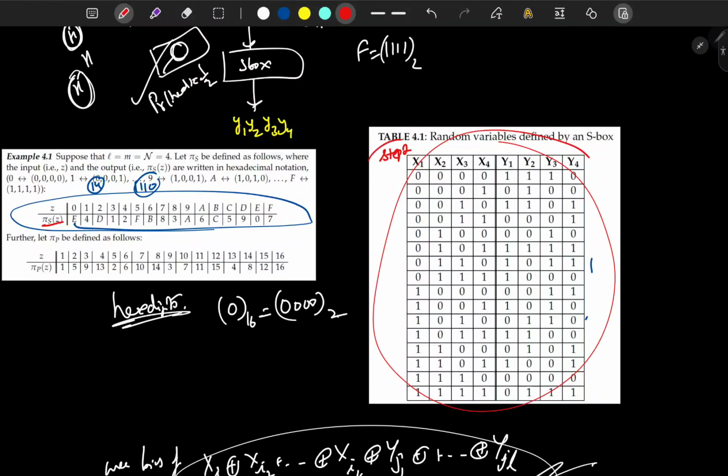I forgot to say. Step 1 is nothing but, each S box takes some 4 bits x1, x2, x3, x4 and you will get 4 bits y1, y2, y3, y4. I'm considering all the possibilities of x1, x2, x3, x4. Since there are 2 power 4, that is 16 possibilities, I have written all these 16 possibilities. These are nothing but y1, y2, y3, y4.